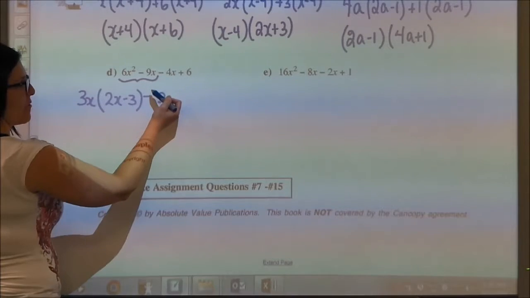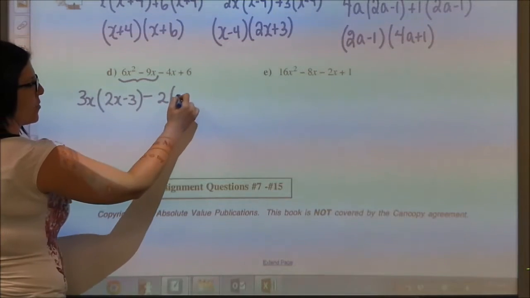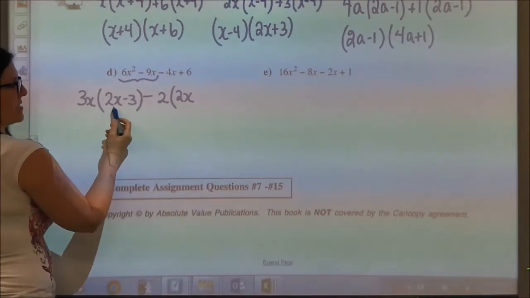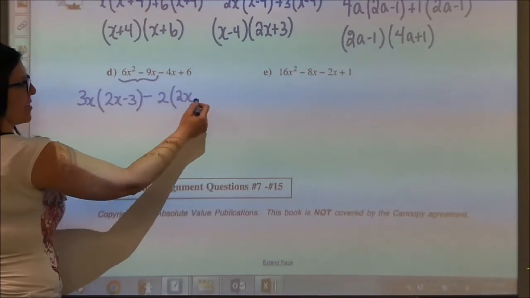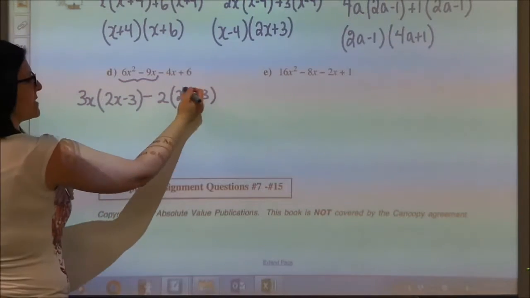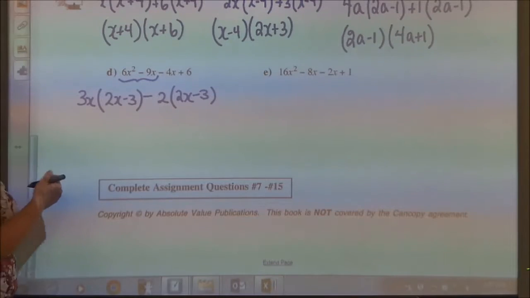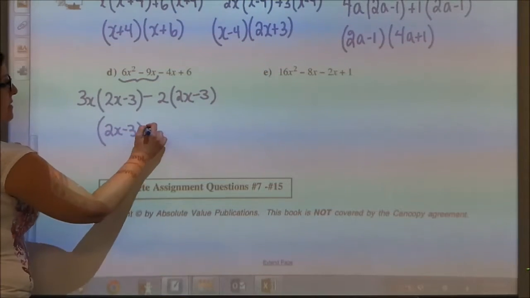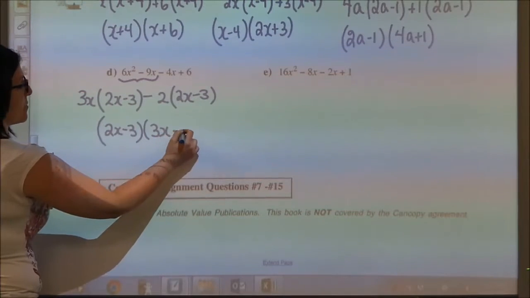So that when I go negative 4x divided by negative 2, I get a positive 2x, because I want it to really match up with this. 6 divided by negative 2 gives me a negative 3. So I'm trying to force this term to be like this one. So I get 2x minus 3 and 3x minus 2.